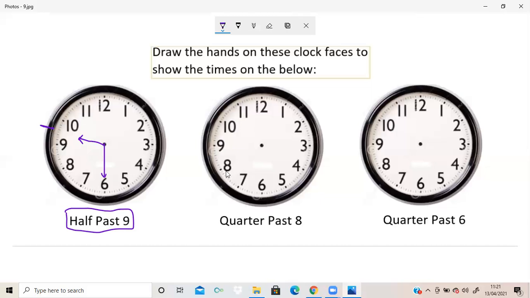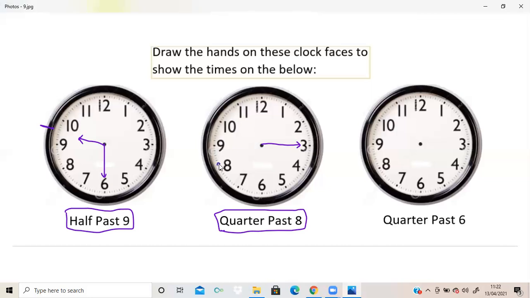The same way, you can pause the video, try yourself first, and then check your answer with me. So the time is 8:15. Let's see how we can draw. Because it's 8:15, the minute hand is pointing at 3, like this, and the hour hand, just leave it after 8, so it is here.